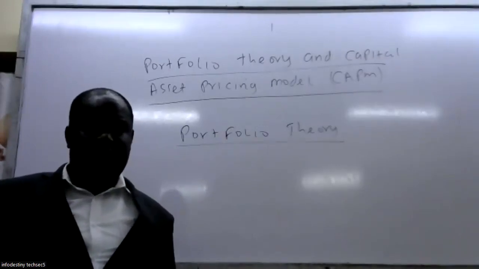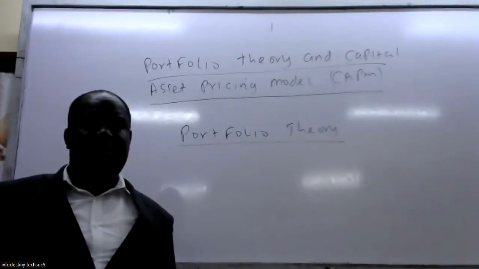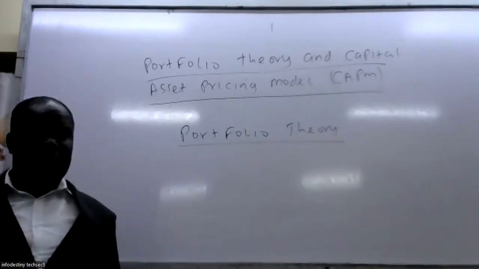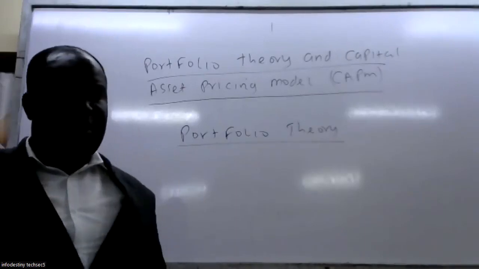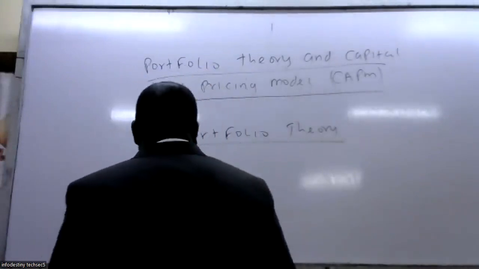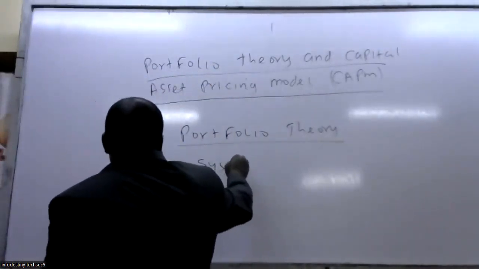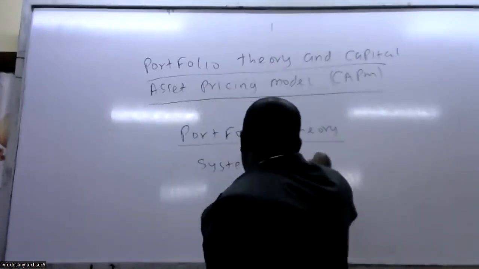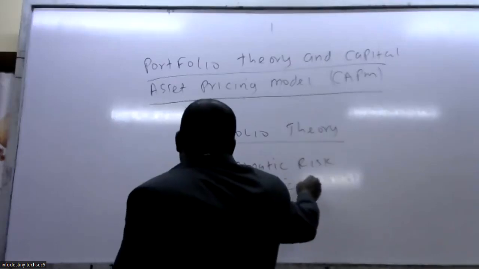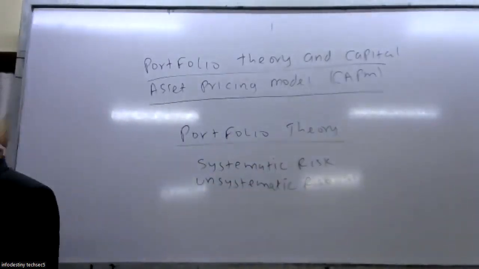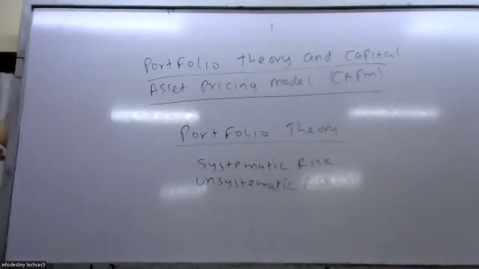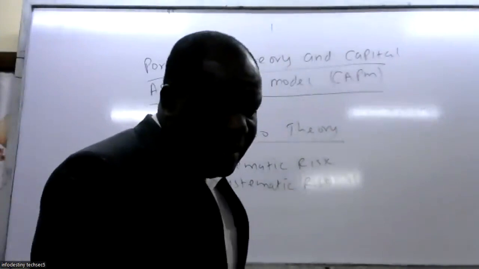It is also known as the total risk because it is a combination of systematic risk and unsystematic risk.